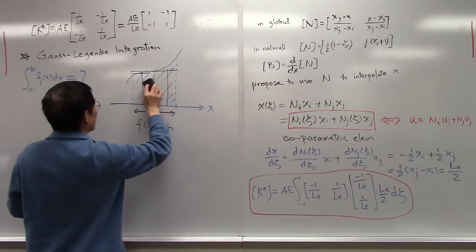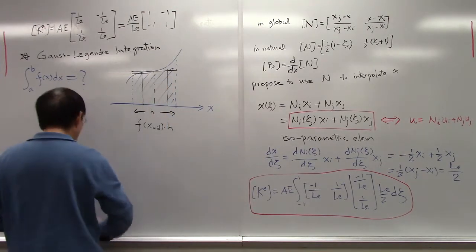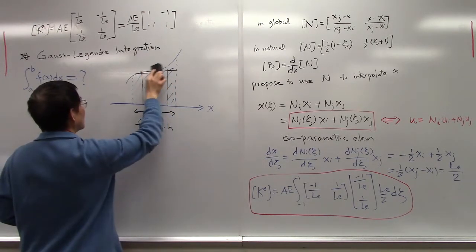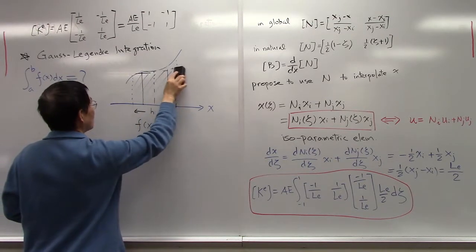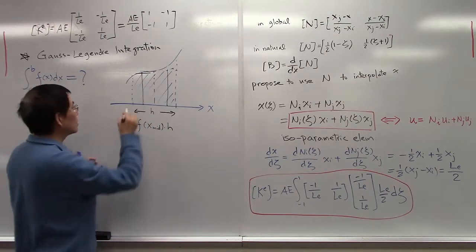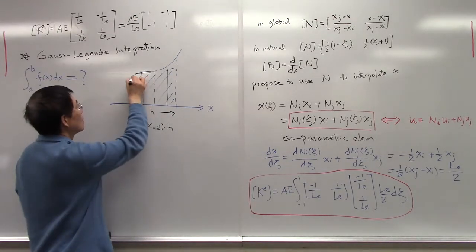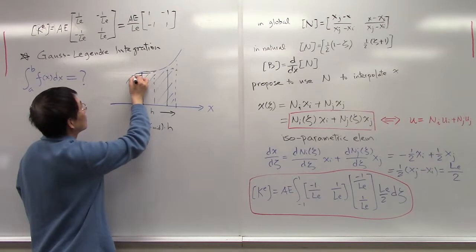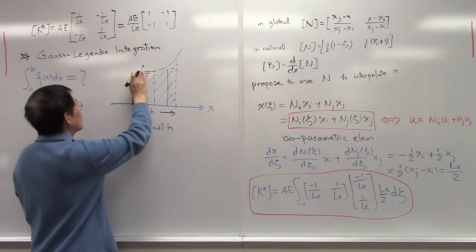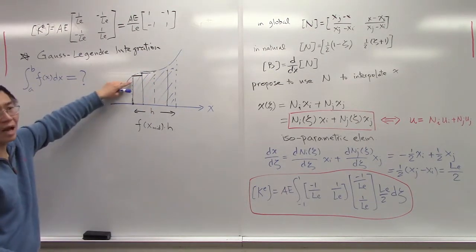Okay. If I do that, well, let me be systematic. This time, I have 3 points. The first area I will do is to pick this height and times this area. Okay, it will give me that.